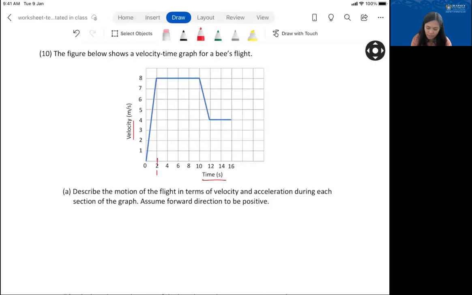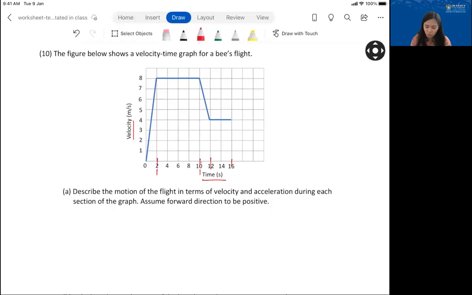The graph is linear, it's straight and going up. And then from 2 to 10 seconds, you have a different pattern. The velocity is just a horizontal line. And then from 10 to 12 seconds, it's straight or linear and going down. And from 12 to 16 seconds, it's a horizontal line. So we divide the graph into these 4 segments, and describe the motion.